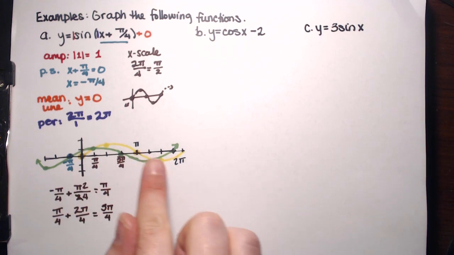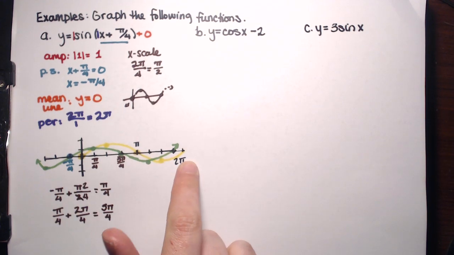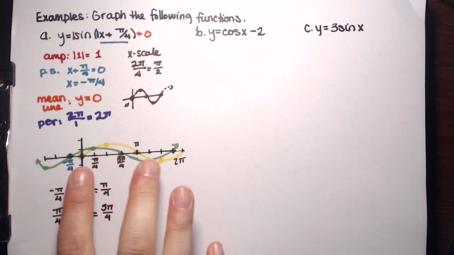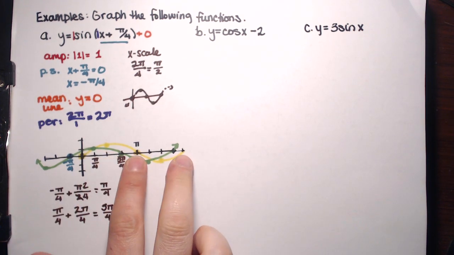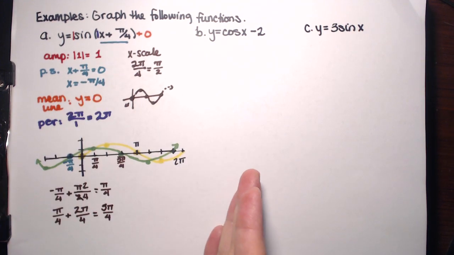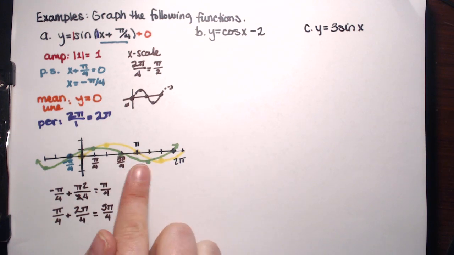Sine has a period of 2 pi, so halfway between that is pi, so that's our half mark. Halfway between that, it's at the maximum. Halfway between these two, it's at the minimum. And all we've done with this one is shifted this back by pi fourths.